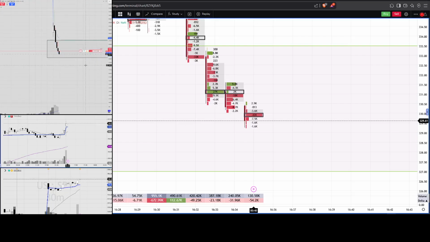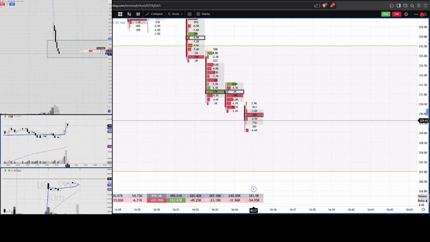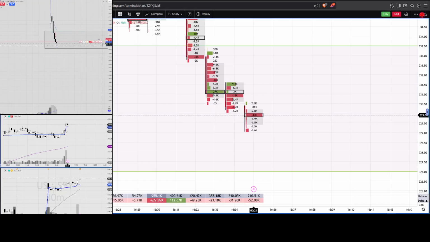I went short because I expected the buyers to step in and they didn't. Sellers are still very aggressive.